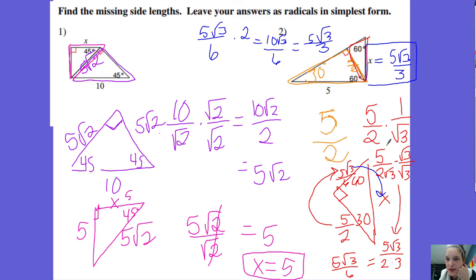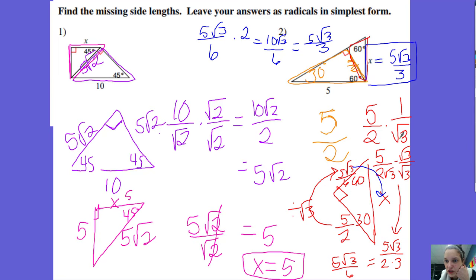Final answer. So to recap what happened in this red triangle: I have the side across from the 60, which is 5 over 2. To go from the side across from the 60 to the short side, I need to divide by root 3. So I took 5 over 2 and divided it by root 3, which is the same thing as multiplying by 1 over root 3.